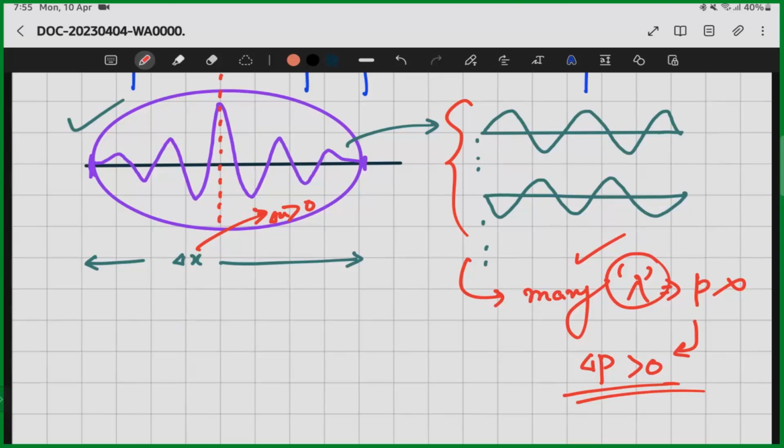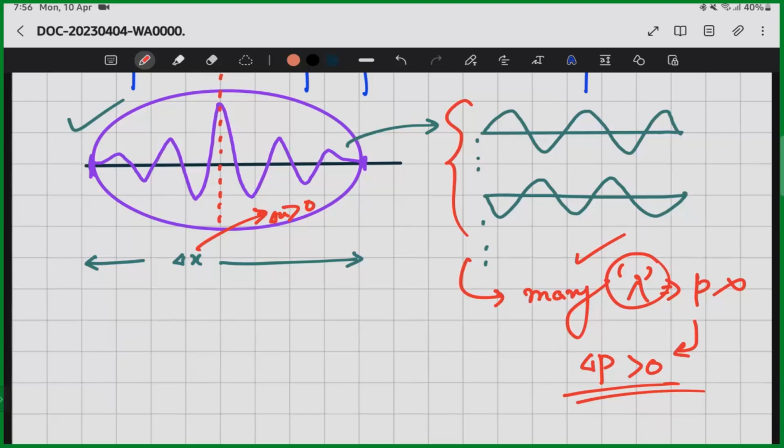I don't think anything is left here. Next day we'll study the Davisson-Germer experiment and the probability interpretation of the matter wave. We have defined Planck's constant h, stopping potential, work function, threshold frequency, de Broglie wavelength, everything.